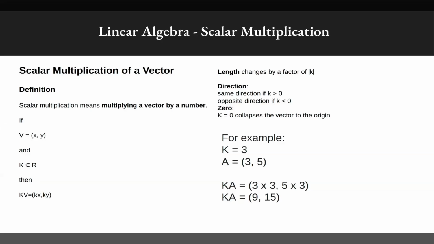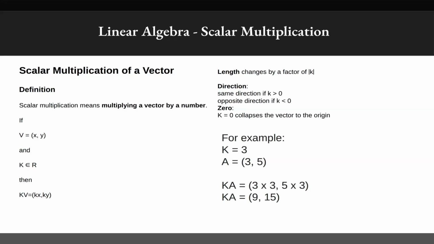Now, about scalar multiplication. Now let's scale a vector. So scalar multiplication means multiplying a vector by a number. If V is equal to (x, y) and k is a scalar, then kV, or k multiplied by V, should be (kx, ky), meaning k multiplied by x and k multiplied by y.